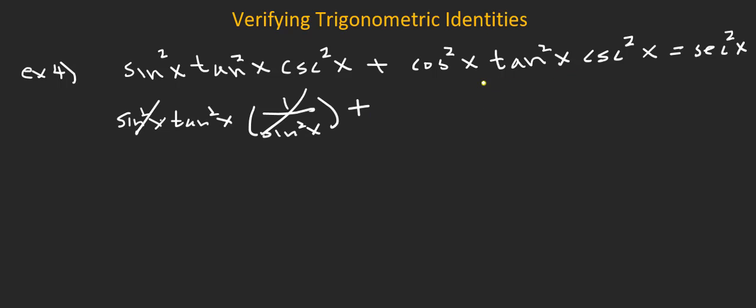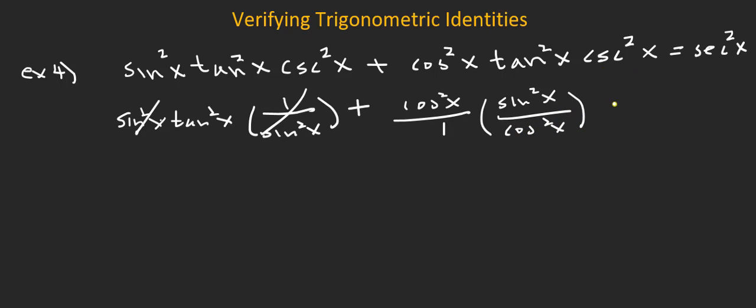What about over here? Well, that's cosine square x over 1. What about tangent square x? That's sine square x over cosine square x. Cosecant square x is 1 over sine square x. Okay? So sine square x cancels out, and cosine square x cancels out.